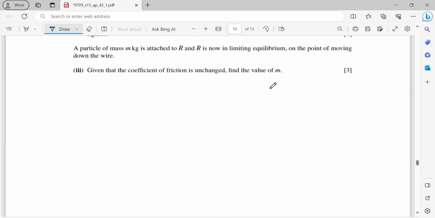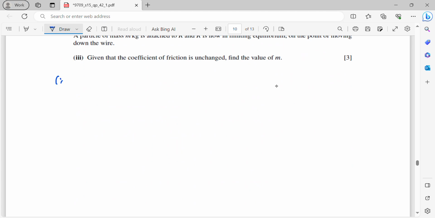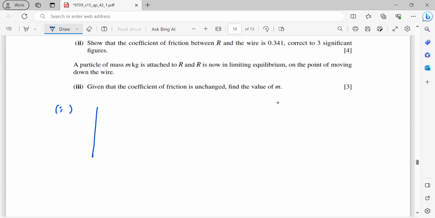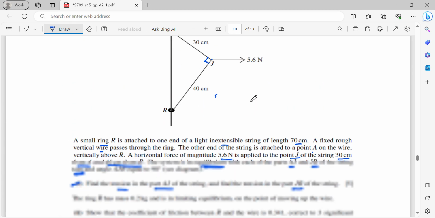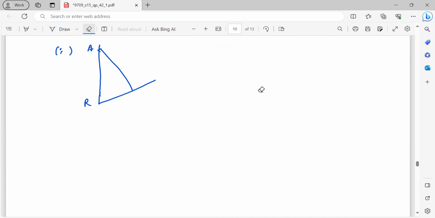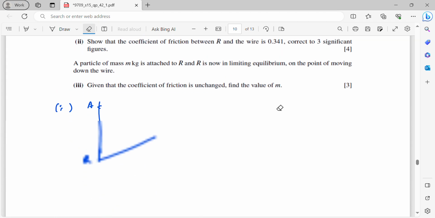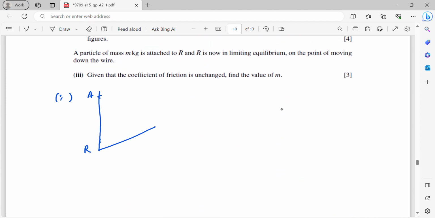I will redraw the diagram, with A on top, above R. So here is A, and this is R. Then here is 90 degrees. Let me redraw, because AJ is 30 centimeters, so I have to redraw my diagram.